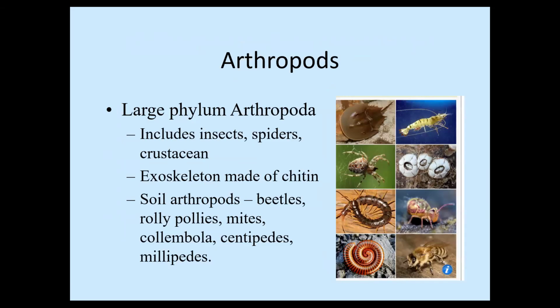So you would probably see a lot of what we call arthropods. And if it's been a while since your last biology class, I'll remind you what an arthropod is. It is a very large phylum, and it includes insects, spiders, and even crustaceans.